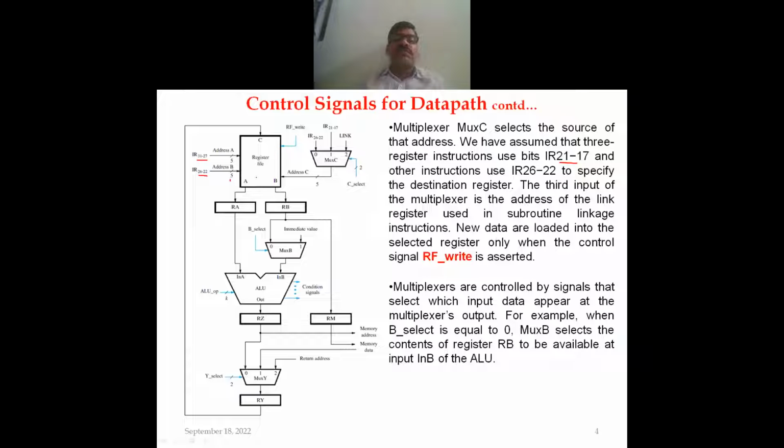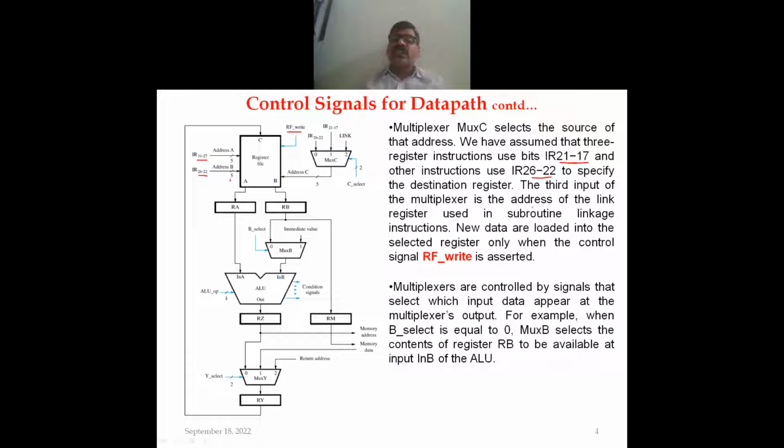These are control signals. Another one is RF underscore write, which is a control signal here. The multiplexer mux C selects the source of that address. We have assumed that three-register instructions use bits IR 17 to 21, and other instructions use IR 22 to 26 to specify the destination register.